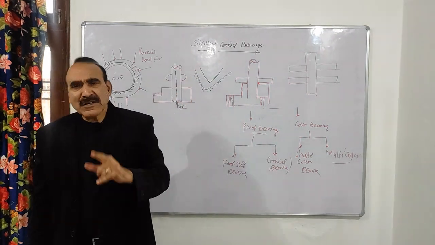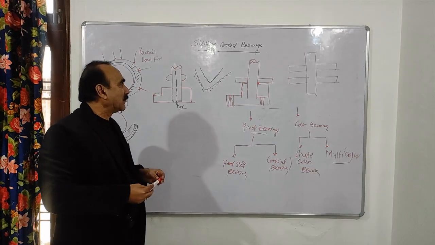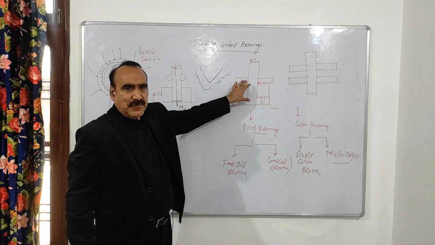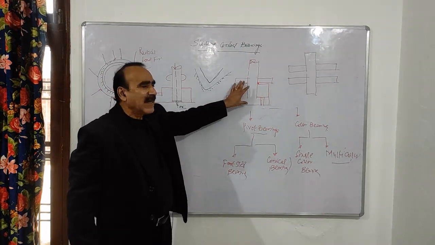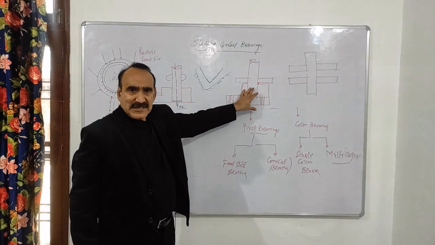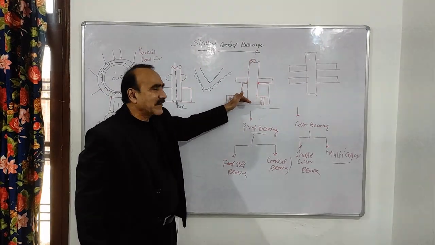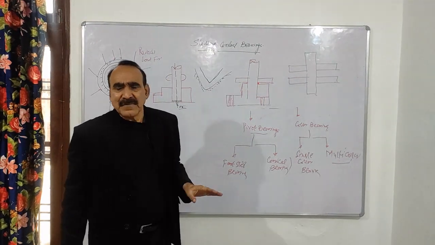Now, one important point to understand here is, because as we are adding the collars, if there is only a single collar, the contact area is small in this case, there is less contact area because only a single collar is in contact with the bearing.